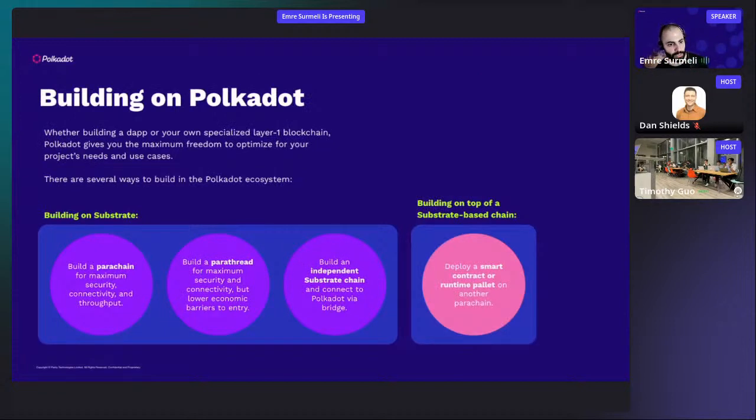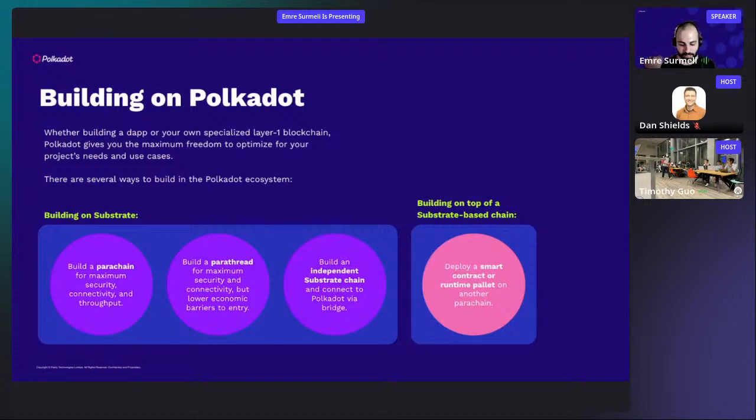So building on Polkadot, Polkadot uses a framework called Substrate, and we're going to dig into that. Substrate is the first well-designed framework for building blockchains. It's built on the Rust language.